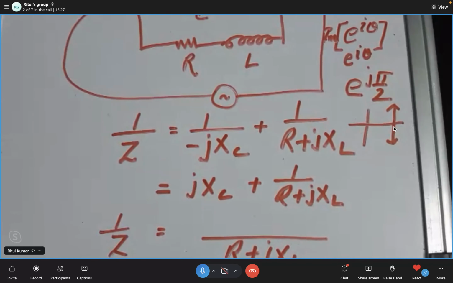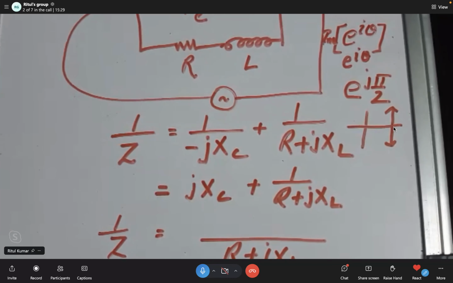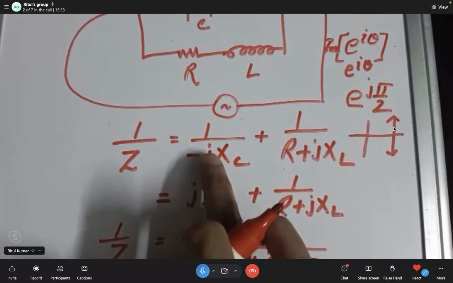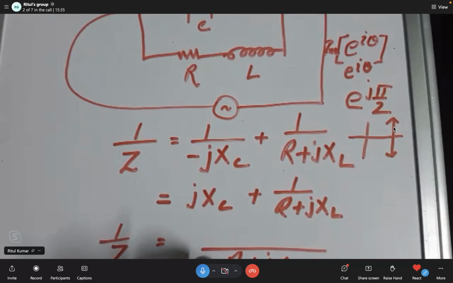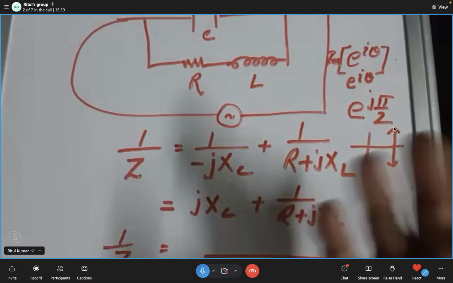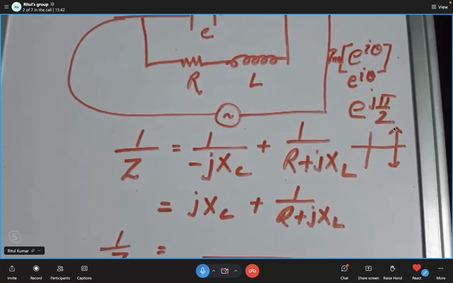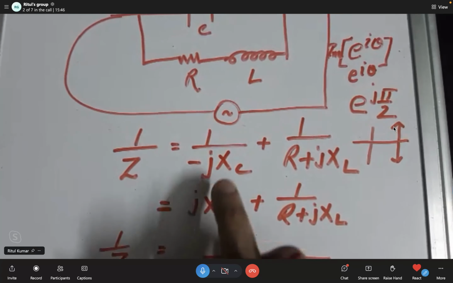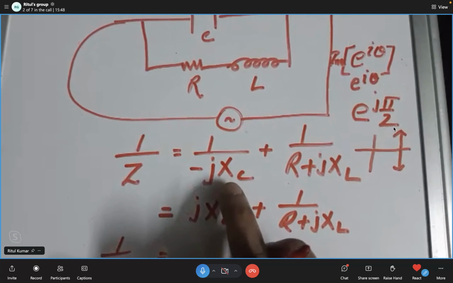Just cross multiply. I didn't get the first step. How did you go from the RHS of 1 by C to what's just below that? This one, second one. Yeah. This is just multiplying with j. j square is equal to minus 1. Correct. Okay, but how did XC, which was in the denominator, go to the numerator?